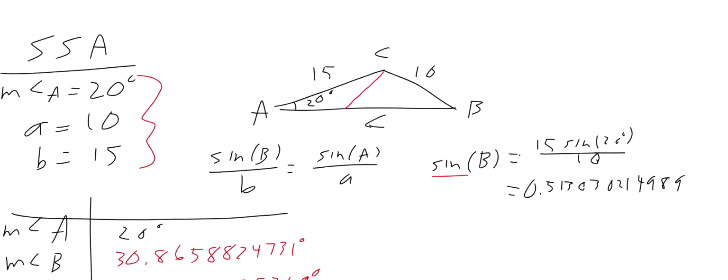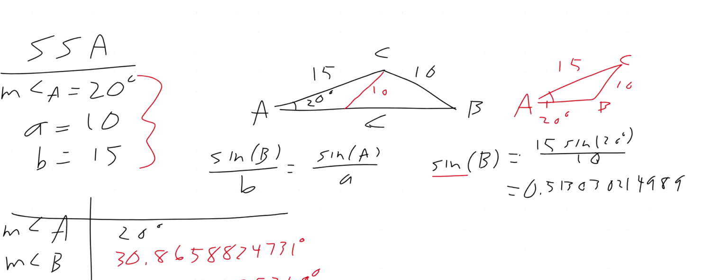So that could be our 10, meaning our triangle looks something like this. There's B, there's A, there's C. All right, so we don't know which one our triangle is going to look like.